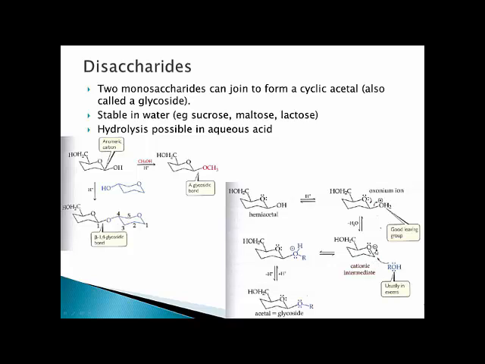Then we get the quenching of that positive charge, and then the deprotonation to form our glycoside. So our glycoside is an acetal. We started off with a hemiacetal, and now we have an acetal.